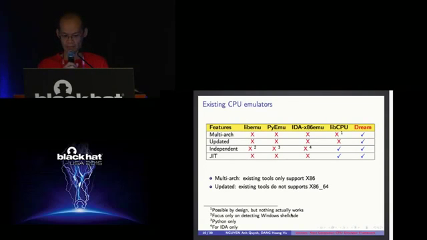Independent: libemu is built to detect Windows shellcode, so it sticks with Windows only. Pyemu is built in Python, which means you need to write your code in Python, so it's not really independent. You cannot write C code in Pyemu. IDA x86emu is a good plugin for IDA, but it's for IDA only.